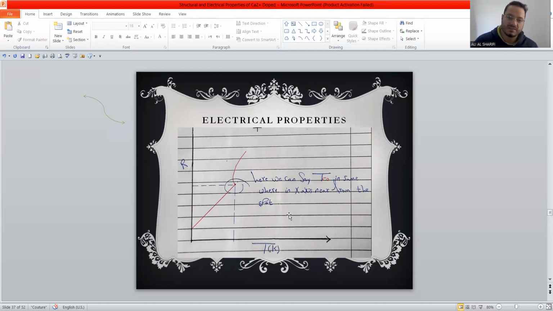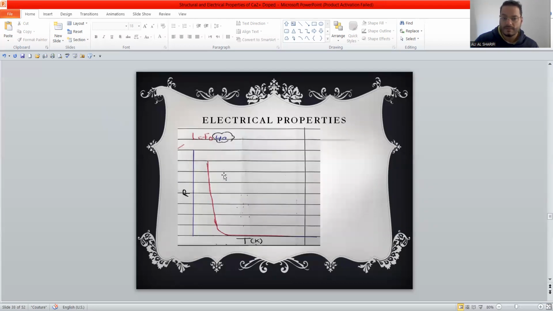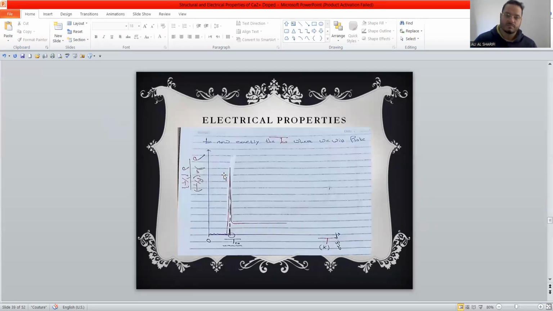Here we can say the charge ordering temperature is near this spot on the x-axis, but not sure. Here specifically we can know where the charge ordering temperature is by this plot. Like I said before, the charge ordering temperature equals the derivative of ln resistivity divided by the derivative of the reverse temperature. That's the charge ordering temperature.